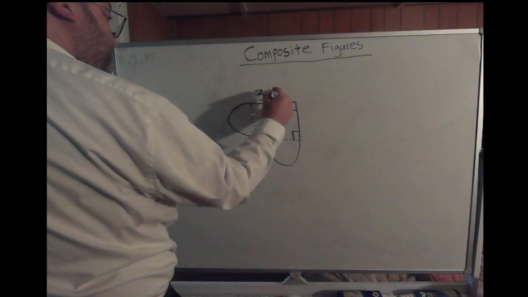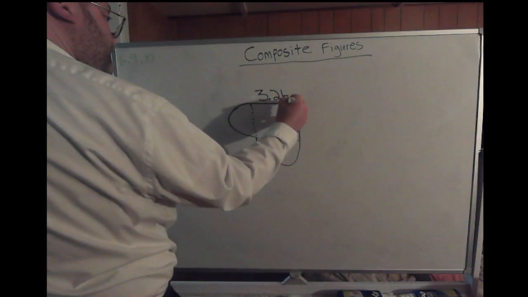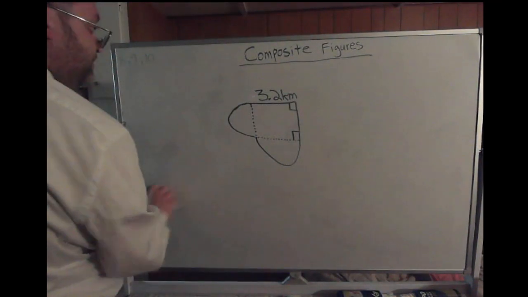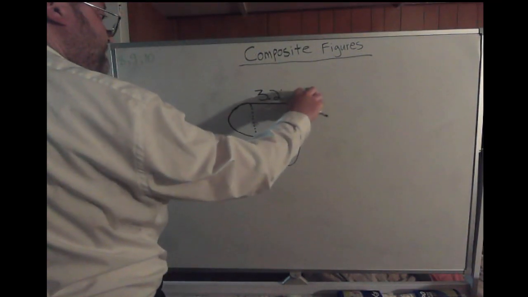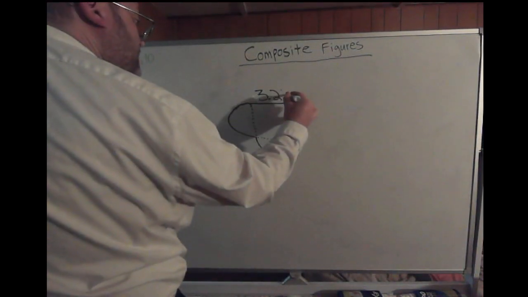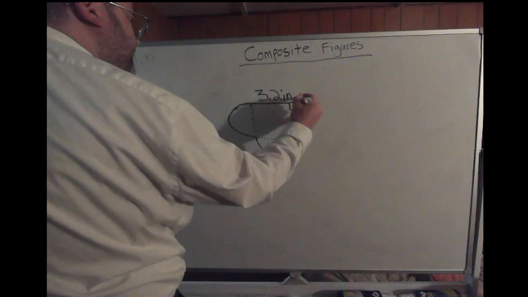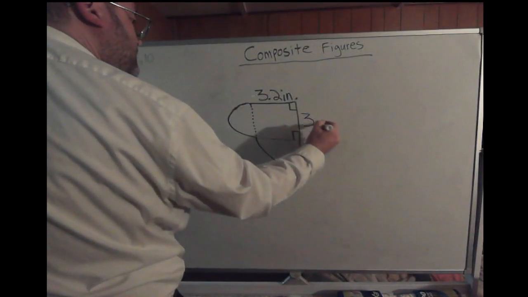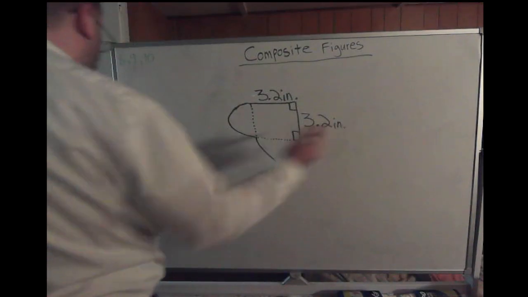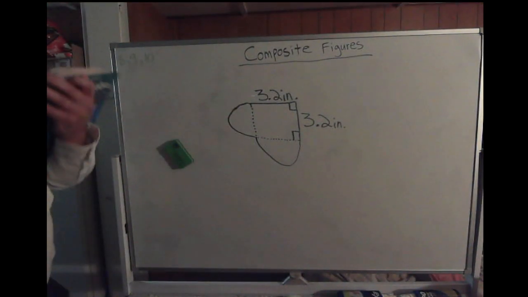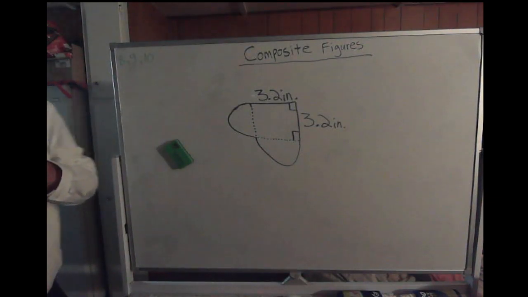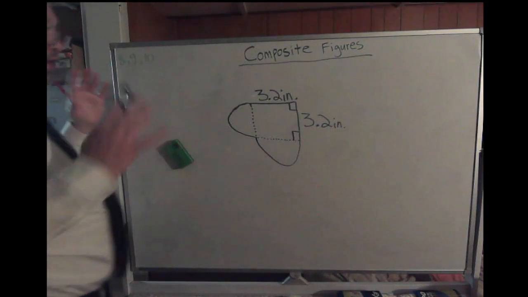But the length of these sides of this, why am I saying kilometers? It's inches, excuse me. I want to get the units right. Okay, so we know we have a square here.